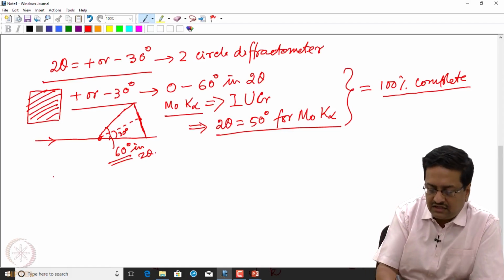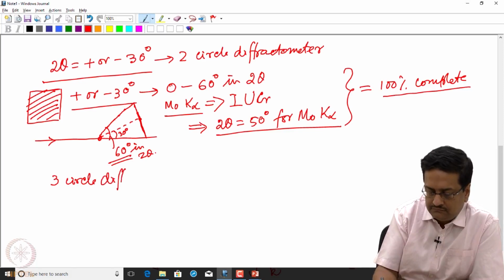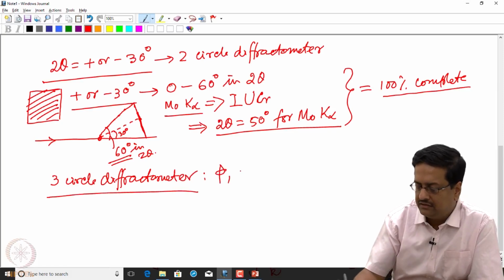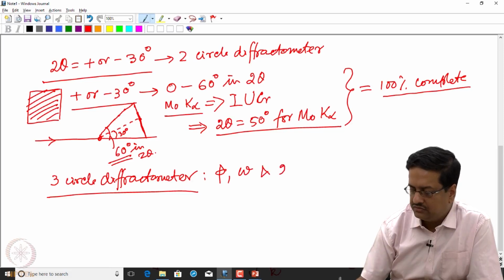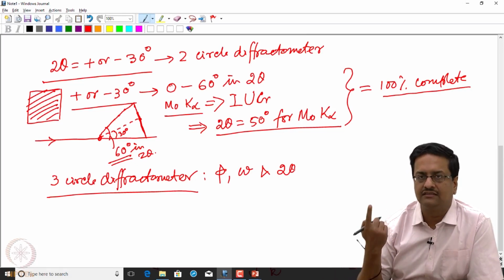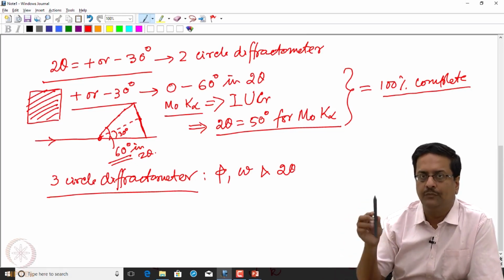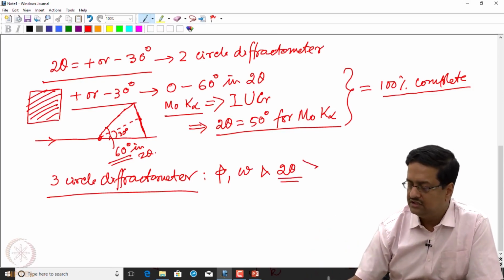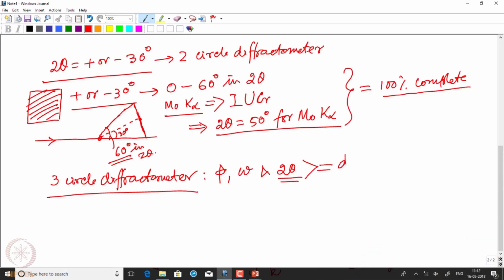In case of a 3-circle diffractometer, where we can rotate phi, omega and 2 theta, now we can rotate the crystal about its own axis, we can rotate the crystal in omega, and we can also change the detector position. So this allows us to record data up to high angle.